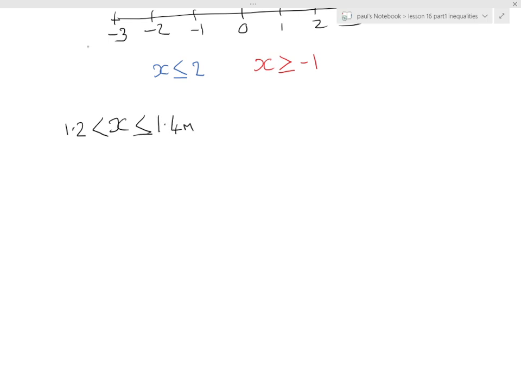So now x is in the middle of these, and we use both these signs, so we can represent this on a number line, but we won't use decimals. So let's go to our 1, 2, 3. It's nice drawing these. 1, 2, and minus 3.